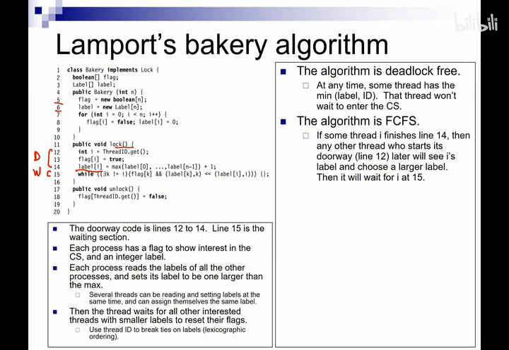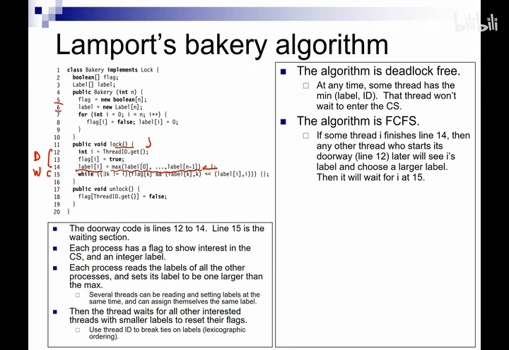Now process J starts up. When J does line 14, it's going to read I's label. I has already written its label, so J will read it and choose a bigger label. So J's label is always going to be larger than I's label.